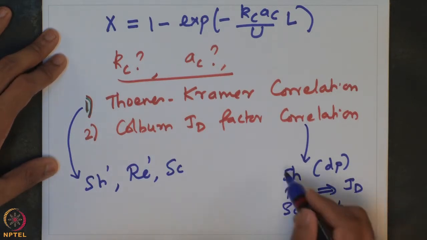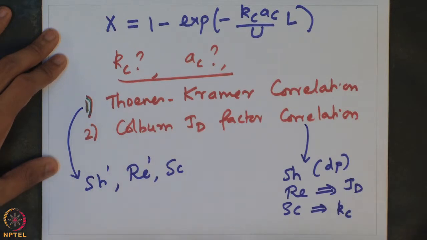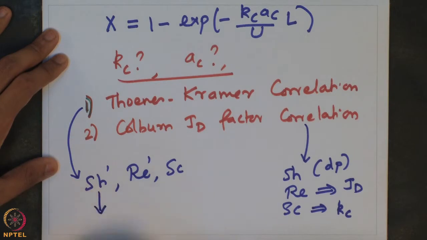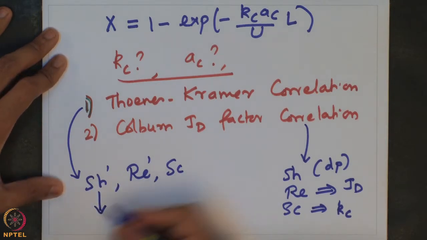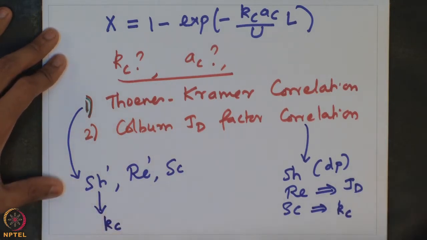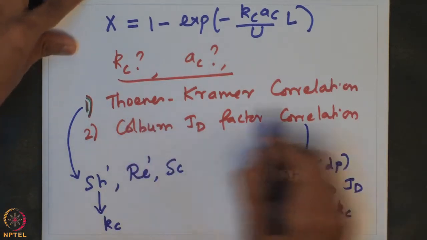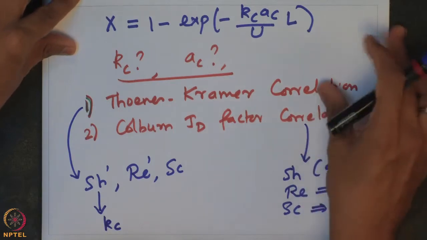So, if we know these three, then we can find out the mass transport coefficient. And once again in this case as well, once we know the modified Sherwood number from the correlation, we can find out the mass transport coefficient. So, let us start with the first approach of using the Thoenes-Kramers correlation.